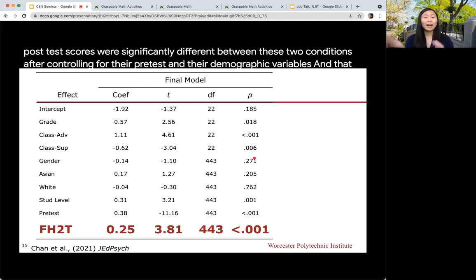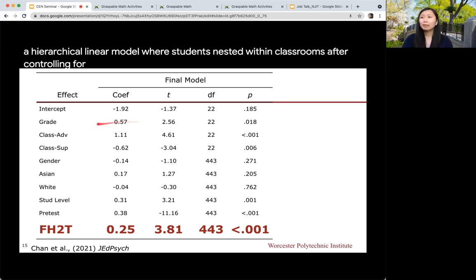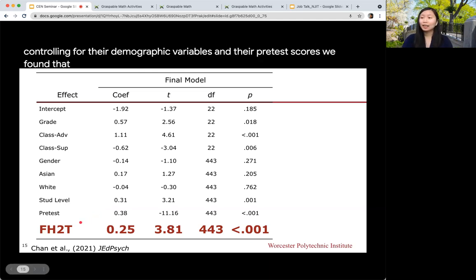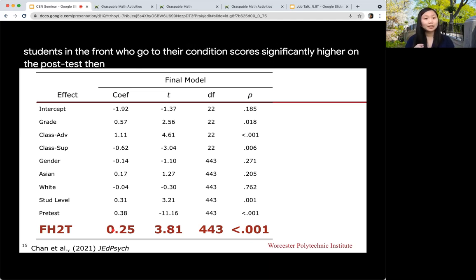So we conducted a hierarchical linear model with students nested within classrooms. After controlling for their demographic variables and their pre-test scores, we found that the condition effect was statistically significant. Specifically, students in the From Here to There condition scored significantly higher on the post-test than students in the problem set condition.